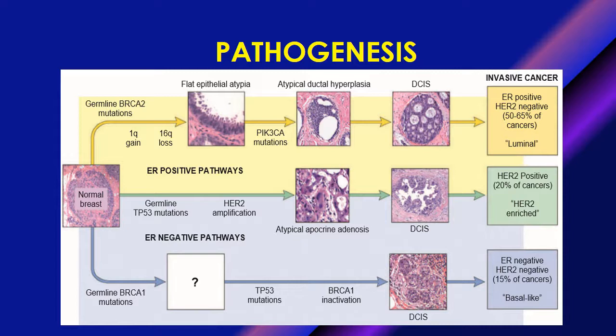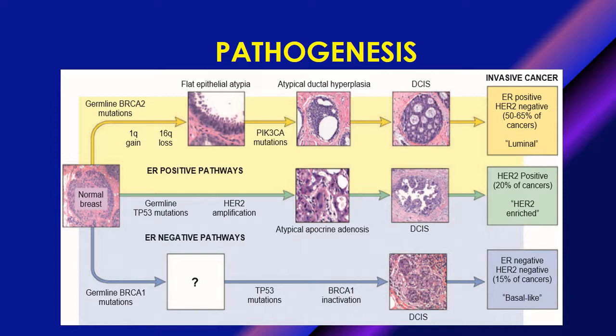The genetic factor: the driver mutations in the cancer genes that contribute to breast carcinogenesis can be divided into those that are inherited and those that are acquired. The most important genes responsible for the pathogenesis of breast cancer are the BRCA1 and BRCA2 genes. Both of them encode proteins that are required for repair of certain kinds of DNA damage. The other gene is TP53.